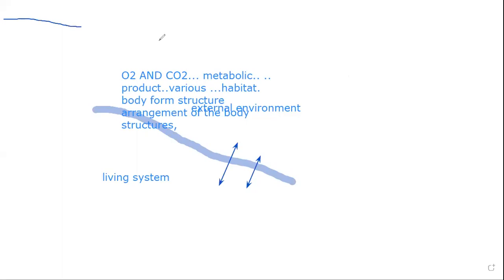And we have one surface which is like this. Now, gases have to pass across these. For gases to pass across this surface, it is going to be very, very easy because it is very thin. It is not made up of many layers.